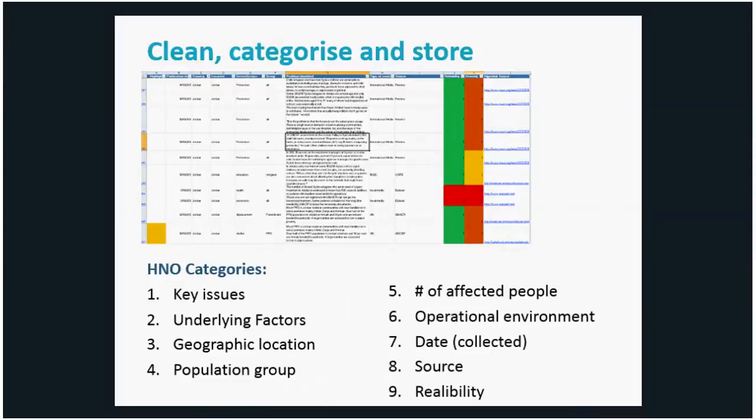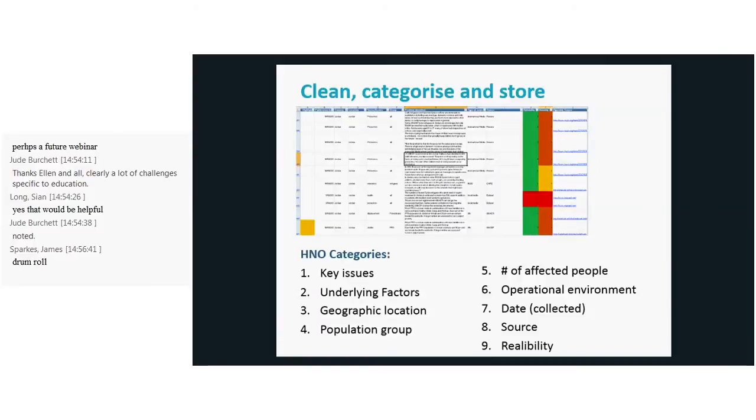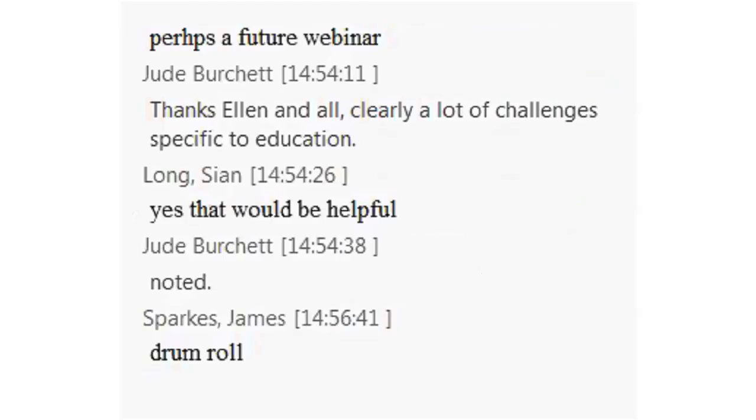So bear with me for a second while I try to share my desktop with you. Now you should be able to see an Excel sheet on the screen. It is just loading, Rolf. I'd give it a second. Okay, just let me know when you can see it.